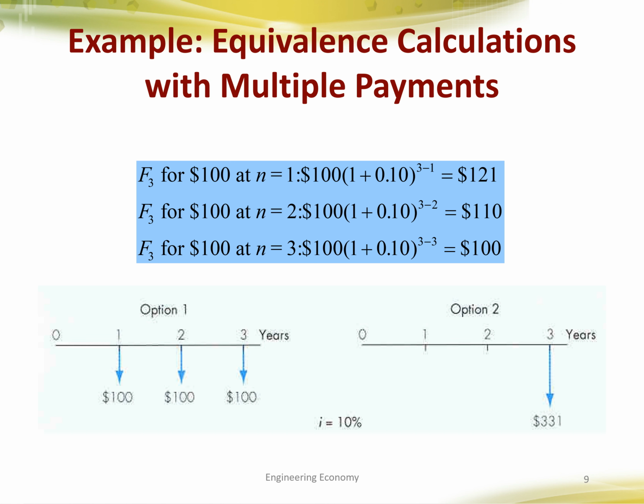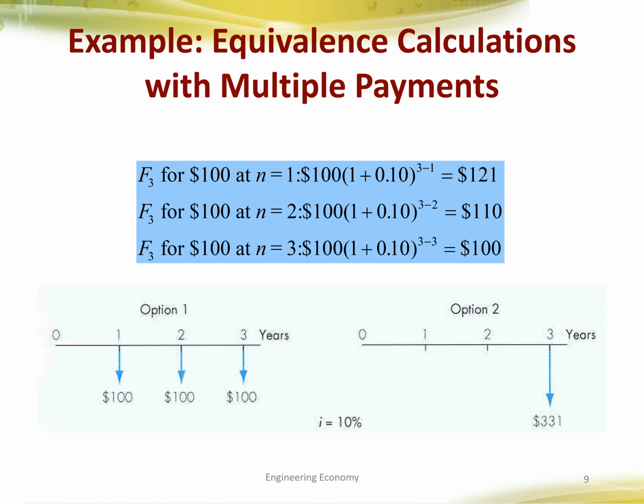And from the end of period 2 to the end of period 3 is just one period, so multiply by just 1.1 and get 110. And for the third one, because it's right at the end point, it doesn't need to be changed, so it's still 100. If you add them together, you get 331.